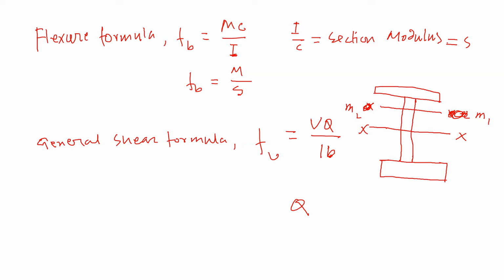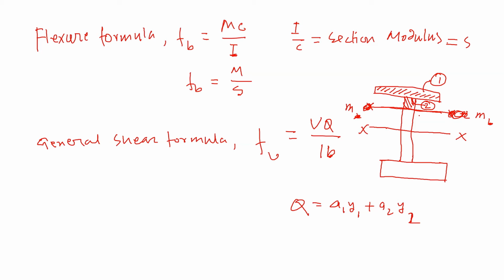So if we are interested in this MM plane, then the area moment is basically for these two pieces of the area. If we define this one by 1, and this small piece by 2, then the area moment is A1 Y1 plus A2 Y2.